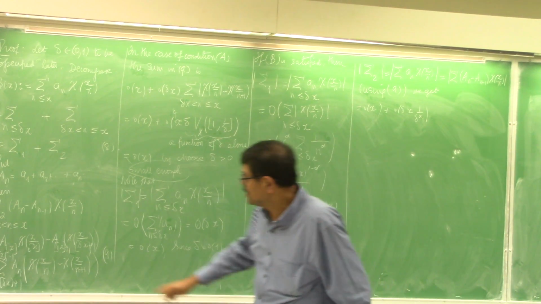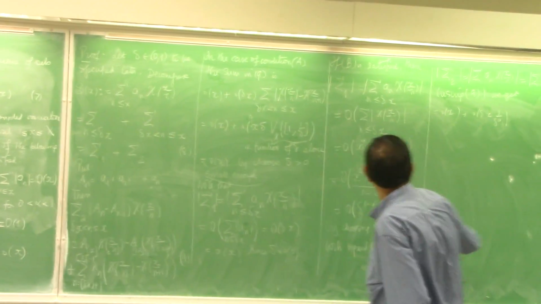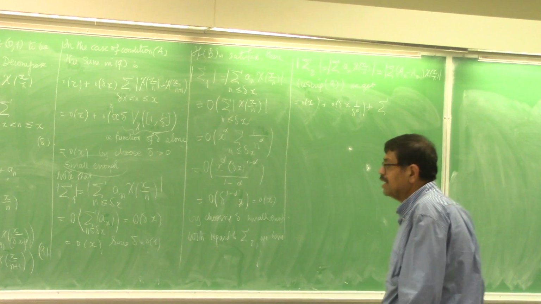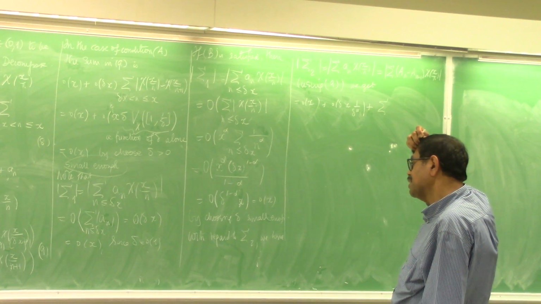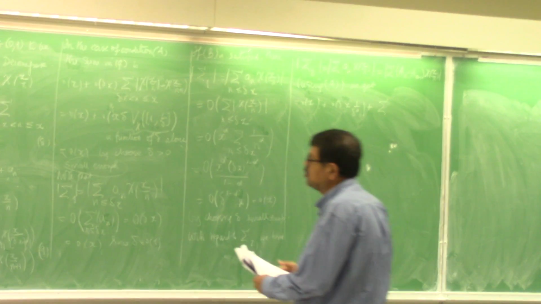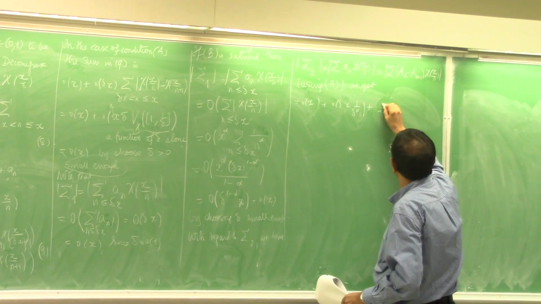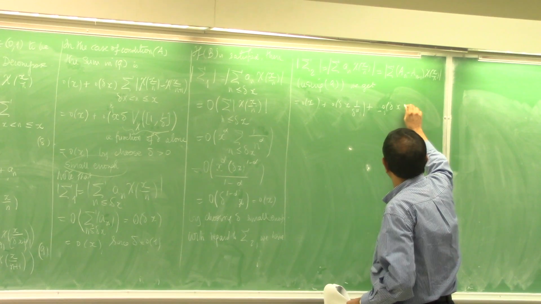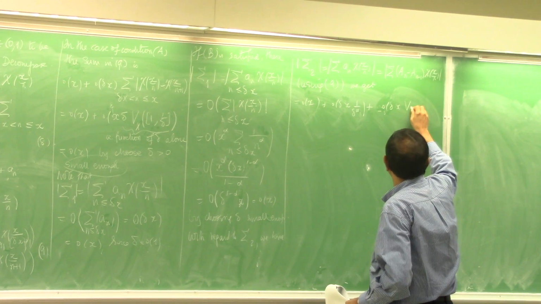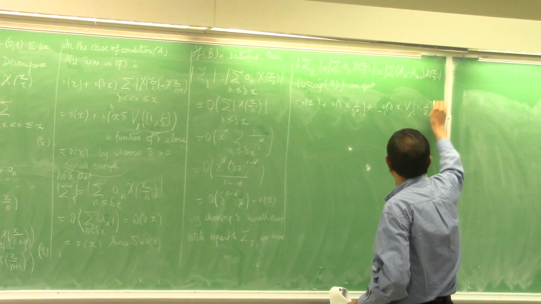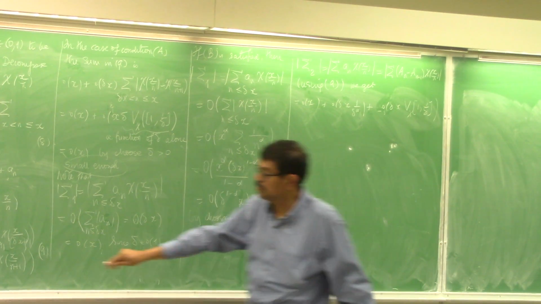Then as far as this is concerned, okay, this is still the same thing, the total variation. So this is going to be little o of delta x times the total variation of the chi function on the interval 1 to 1 over delta. That's what this is.